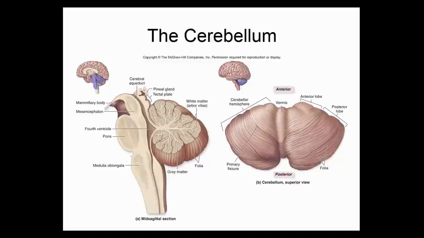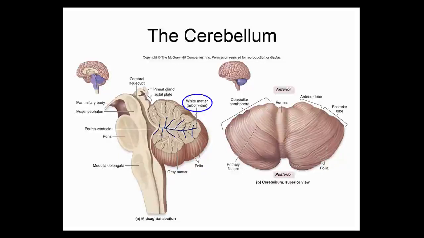Again, as mentioned, there's this gray matter and white matter component. What we see with the gray matter is that the axons end up making a fairly distinct tree-like pattern. All of these here are the different myelinated axons of the cerebellum, and it's called the arbor vitae.